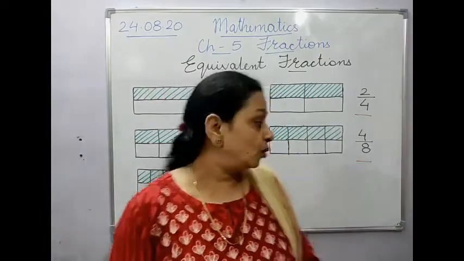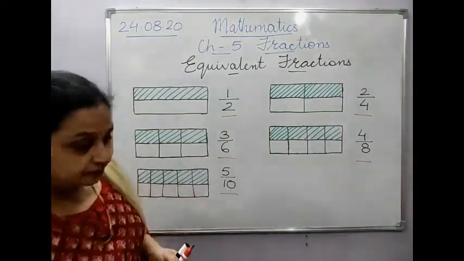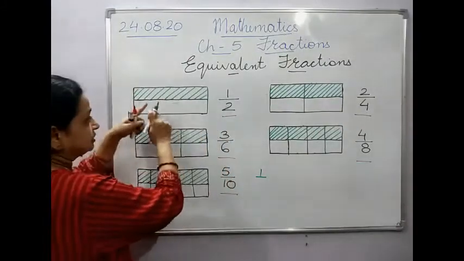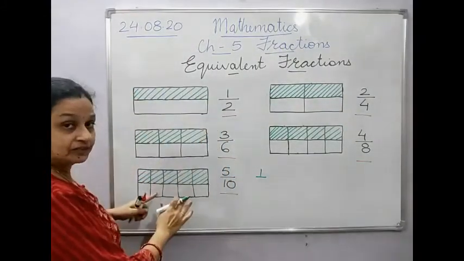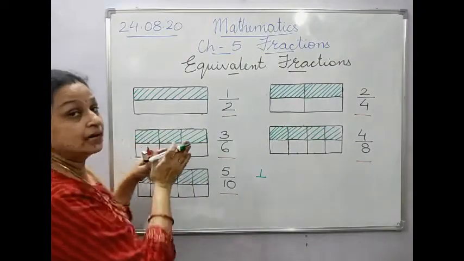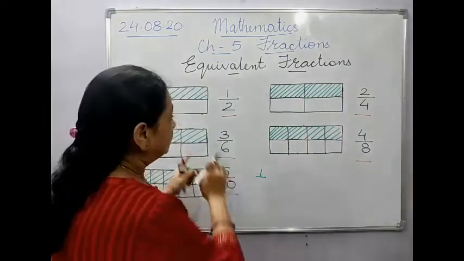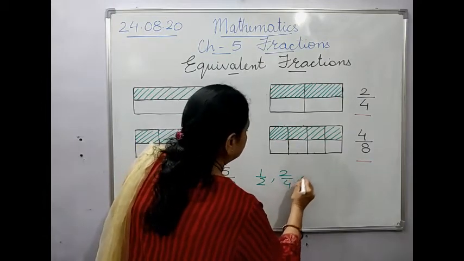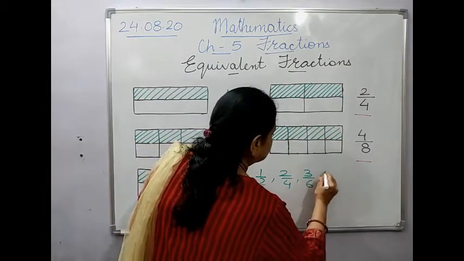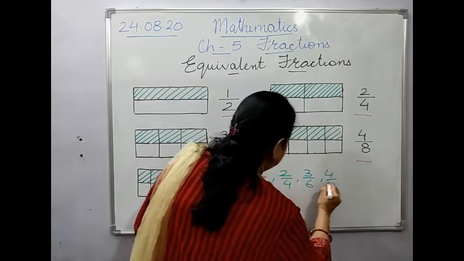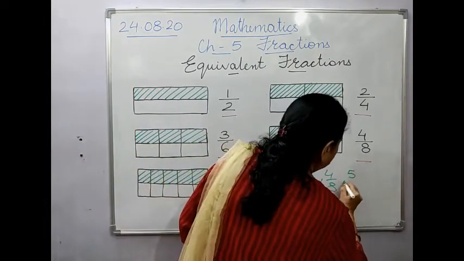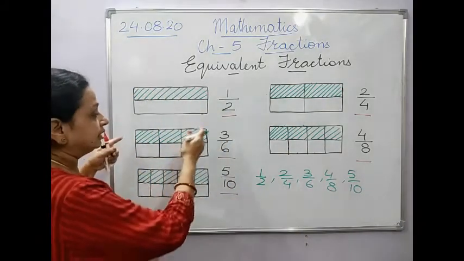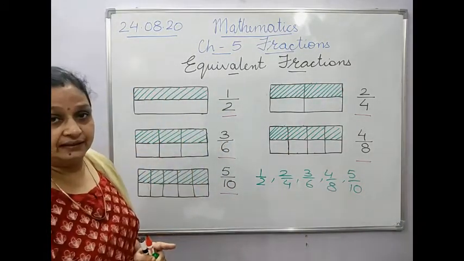So these fractions, 1 upon 2, 2 upon 4, 3 upon 6, 4 upon 8 and 5 upon 10, are the part of only half of this rectangle.